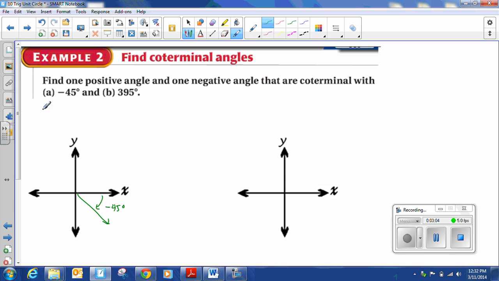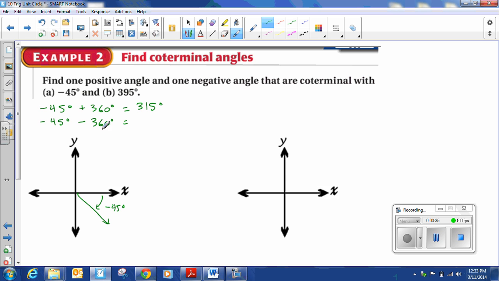Now in order to find one positive angle that's coterminal, we're simply going to add 360 degrees to that, and we end up with 315 degrees. As you can see, if we went this way, this would be 180, 270, and then 315 would put us coterminal with negative 45.